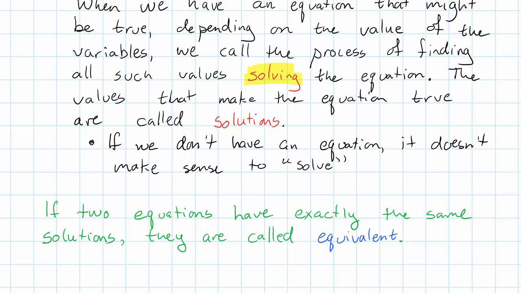Just as we have a bunch of rules for finding equivalent expressions, we have several rules for finding equivalent equations. Before we get down to the business of solving equations, we need to think about how we're going to get equivalent equations.